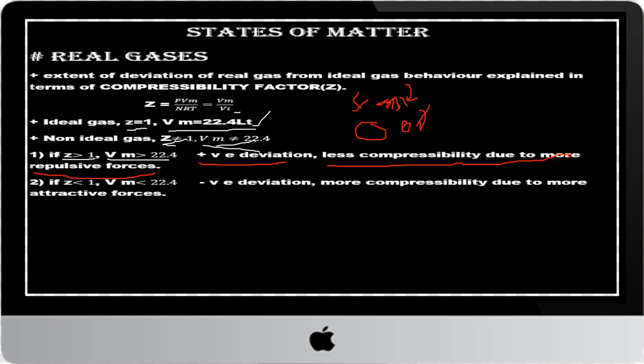Then coming to the other case, here we find Z is less than 1, meaning the compressibility factor is less than 1 and the real volume is less than 22.4. Then it undergoes negative deviation and has more compressibility due to more attractive forces. Here you will find the difference. Here it's repulsive force and here it is attractive force. Make a note of that.